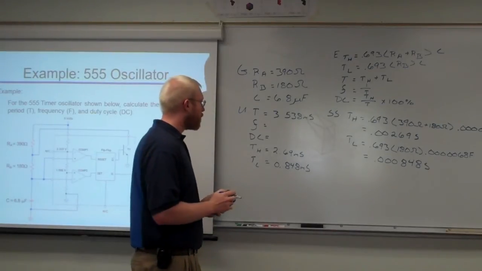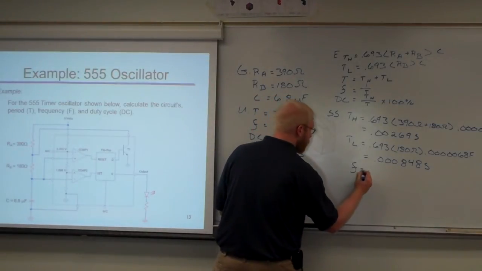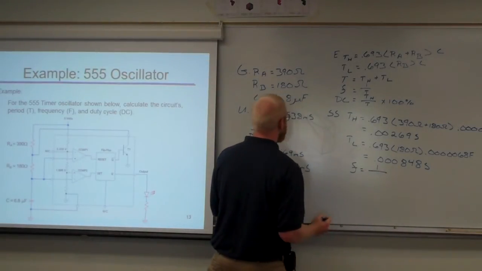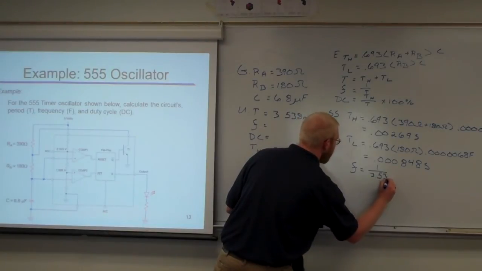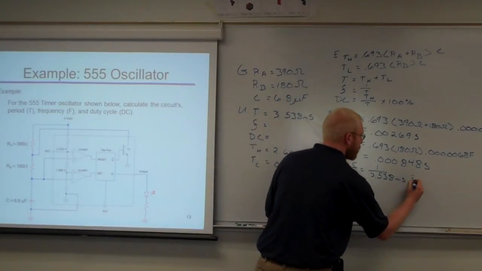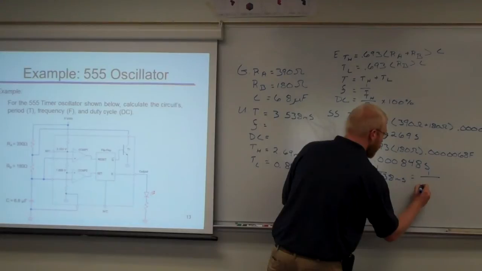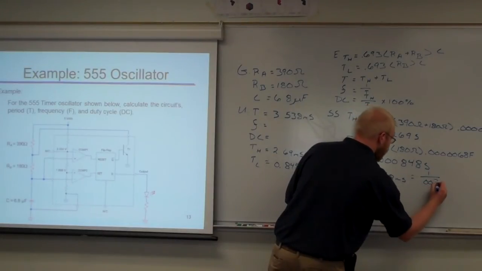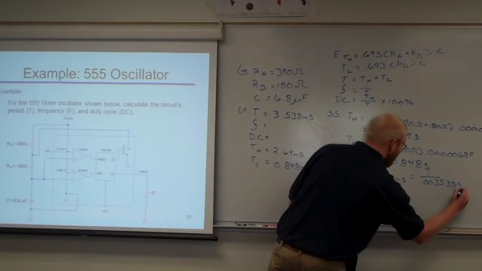Now that I have both of those, I can solve for my frequency and my duty cycle. So my frequency is just 1 over my time, which is 3.538 milliseconds. Or I'd convert that to 1 divided by, I've got to go back to my base units, 0.003538 seconds.